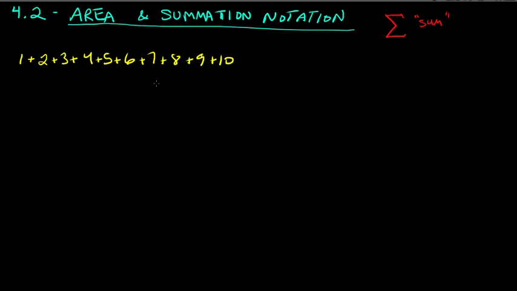Not a hard problem, but one you're probably going to plug into your calculator. I think the answer is 55. You might want to double check that, but I'm pretty sure that's correct. So not a hard problem.